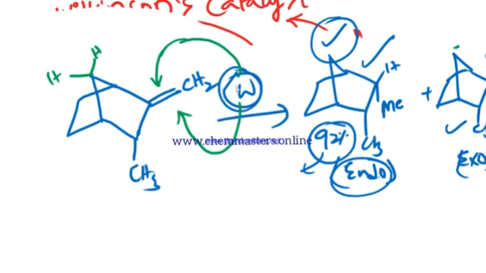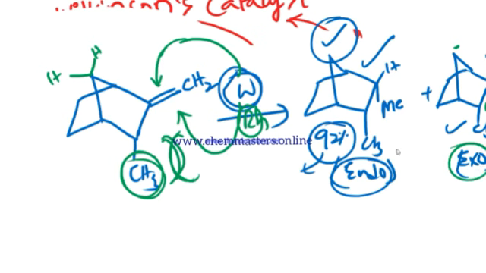If the rhodium interacts with that unsaturation part from the backside end, what happens? The steric repulsions arise from that CH3 group. So the hydrogenation is not possible from that backside end and we cannot get the product from it. That means it is the minor product we can observe.